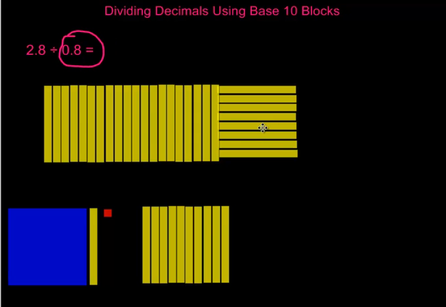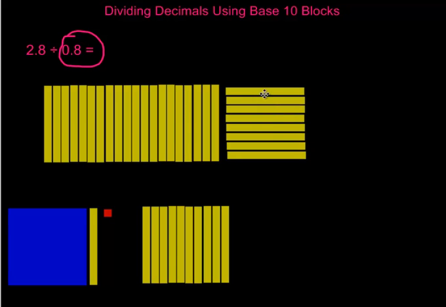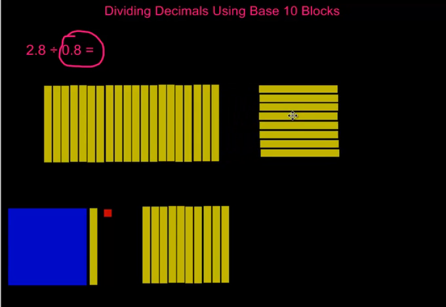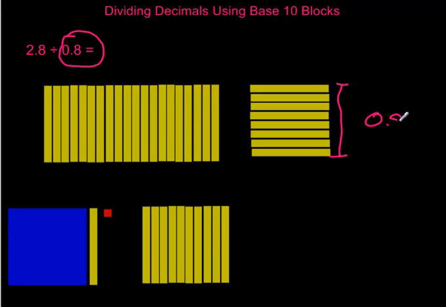So if you remember, we have 1, 2, 3, 4, 5, 6, 7, 8 here. So now that we've taken them, we have 0 decimal 8. We're going to make this whole statement, 2 decimal 8 divided by 0.8, a width of 0 decimal 8. So we make sure that right here this width is 0 decimal 8.